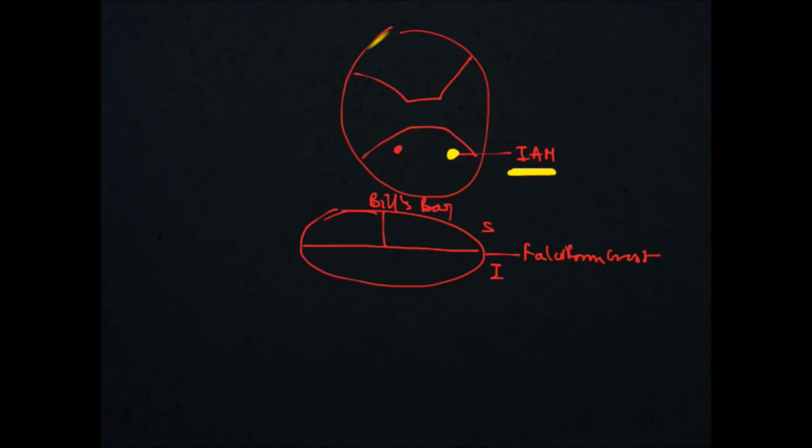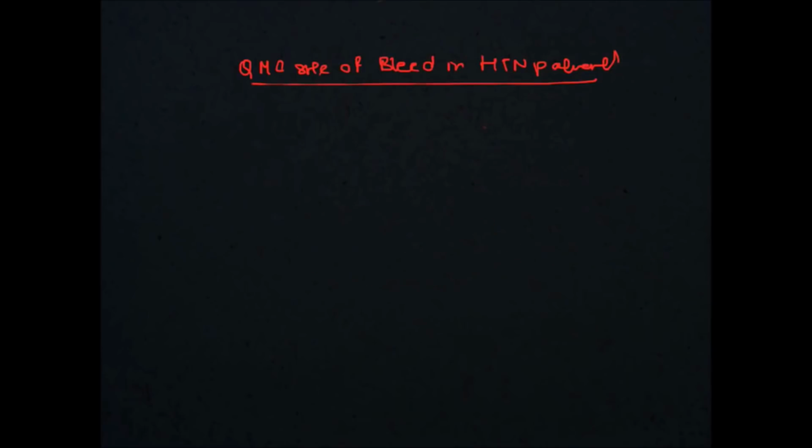So this anterior-superior portion is occupied by the facial nerve. So this is the facial nerve. The facial nerve travels through the internal acoustic meatus, reaches the inner ear, then from the inner ear it reaches the medial wall of the middle ear. This is the medial wall of the middle ear.